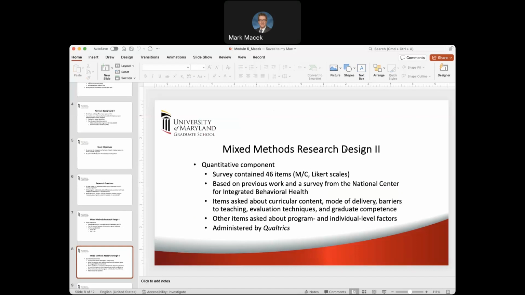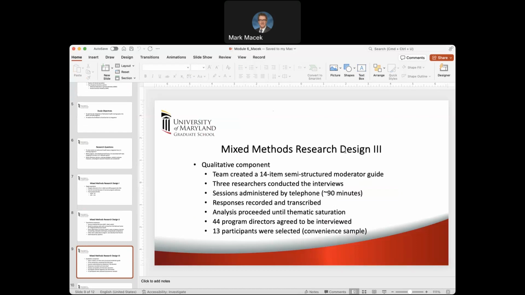Survey items asked about curricular content, mode of delivery, barriers to teaching, evaluation techniques, and assessing competence. Other items asked questions about program and individual director level factors. The survey was administered electronically using the Qualtrics software program and 2 email reminders spaced 2 weeks apart.